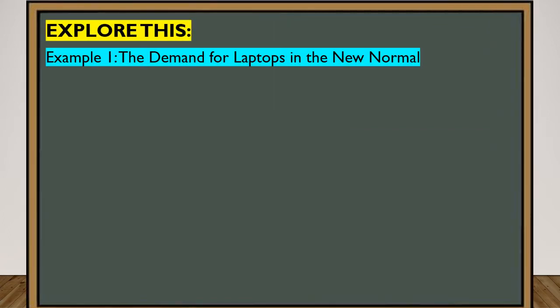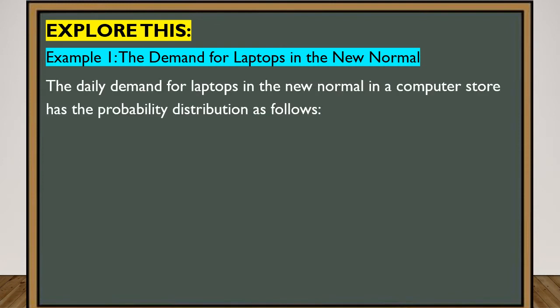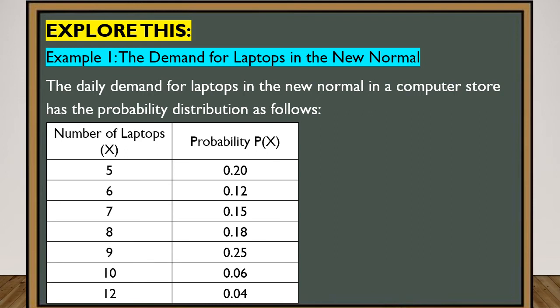So we will try to explore this. Example number 1: the demand for laptops in the new normal. The daily demand for laptops in the new normal in a computer store has the probability distribution as follows. You have a table with the number of laptops as our random variable, represented by x, and the probability, P of x.